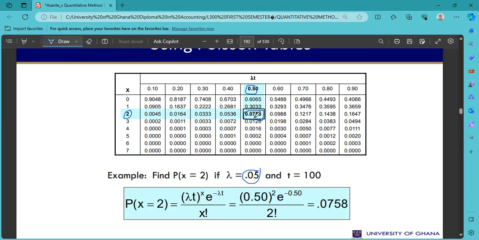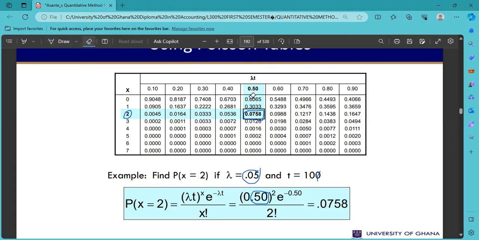So I think there is a mistake in here. The t is supposed to be 10 because lambda t is the mean. So look at it here. It's supposed to be 10, not 100.